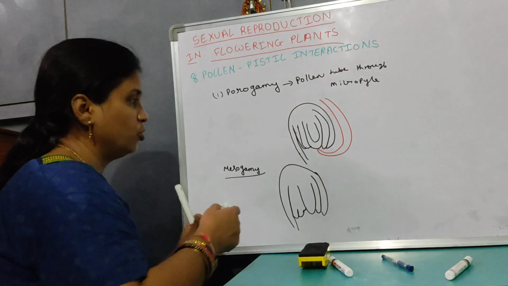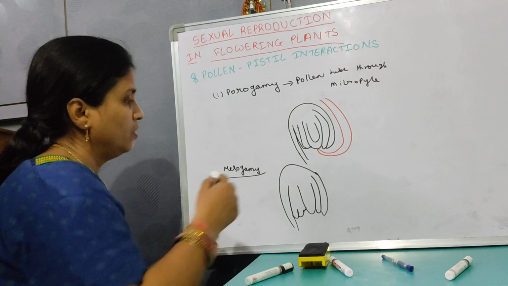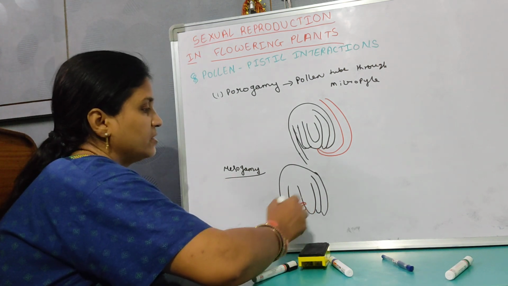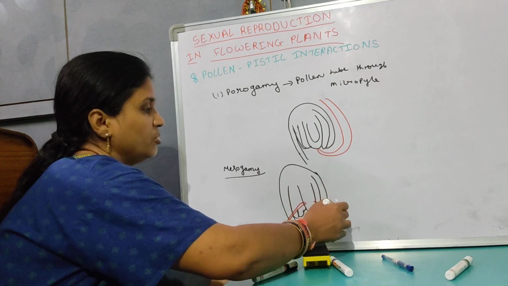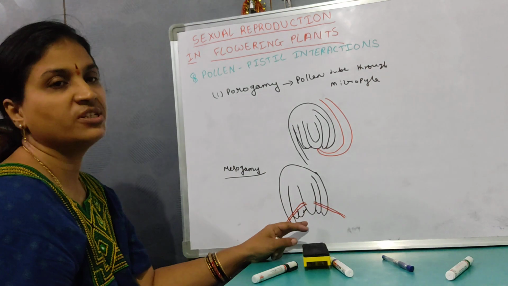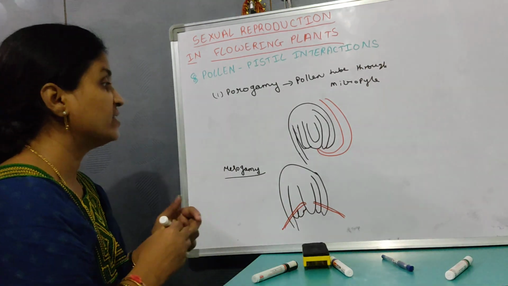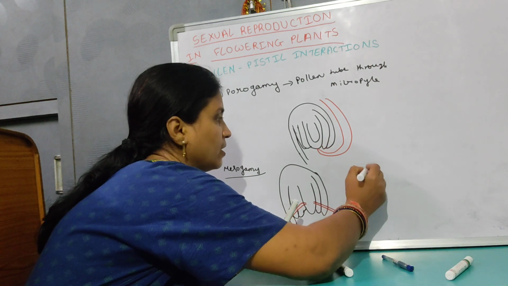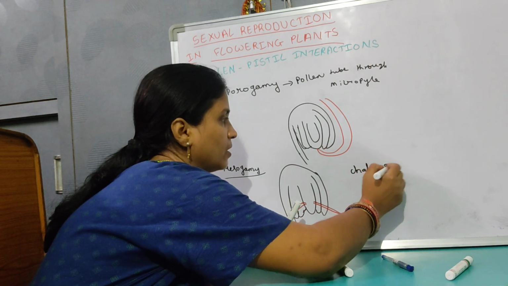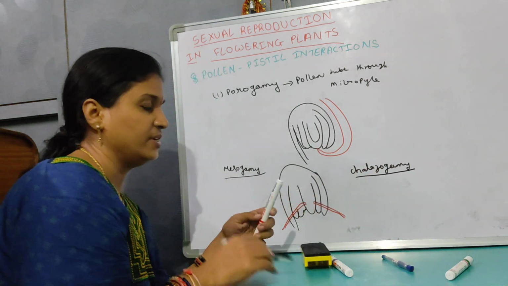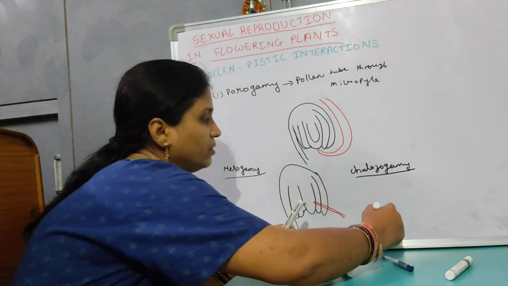So when the pollen tube is entering into the embryo sac through the integuments, like this, it is called mesogamy. So when it is entering through the chalaza, it is called chalazogamy. Let us draw the diagram for that.